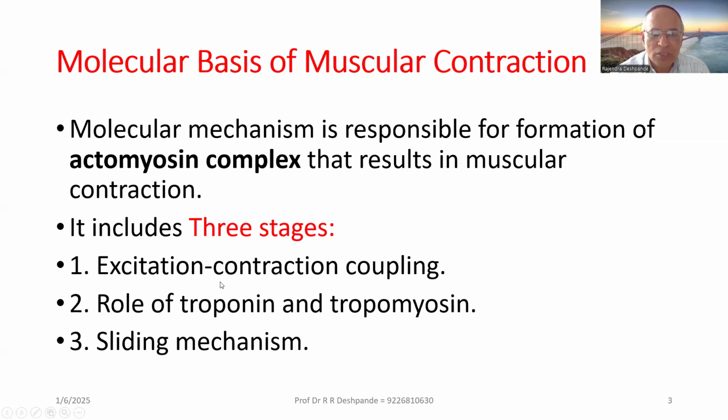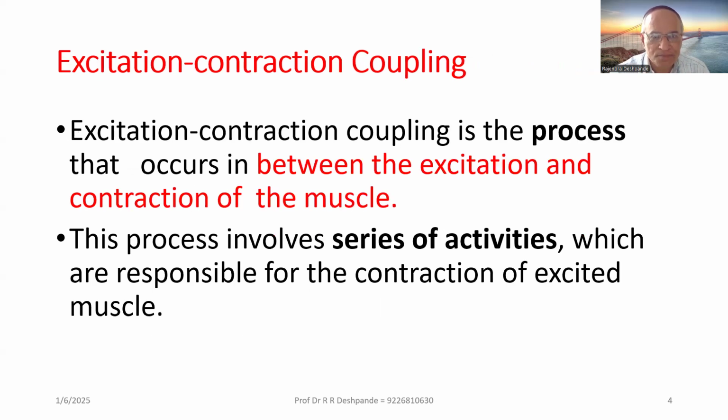Number 1, you can see on the screen, excitation-contraction coupling. This video will be restricted only to excitation-contraction coupling. In another video, I will discuss the role of troponin and tropomyosin, and in the third video, I will discuss the sliding mechanism. So all 3 videos together will give you the understanding of muscular contraction.